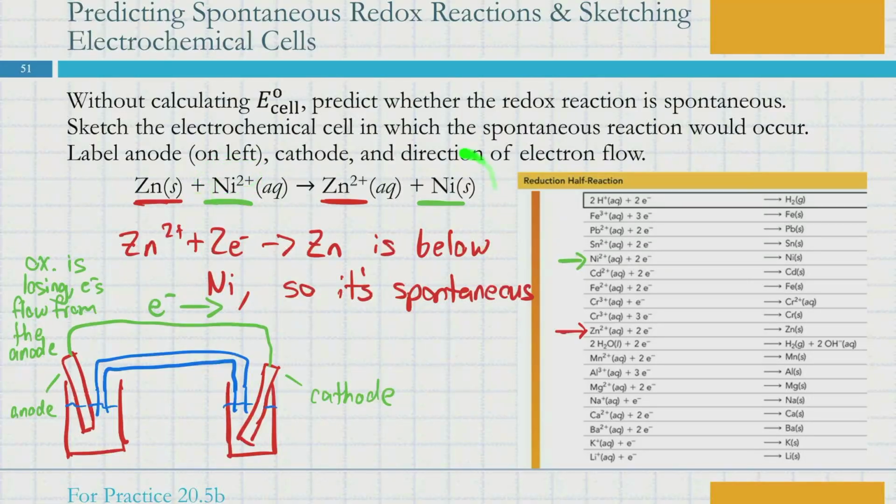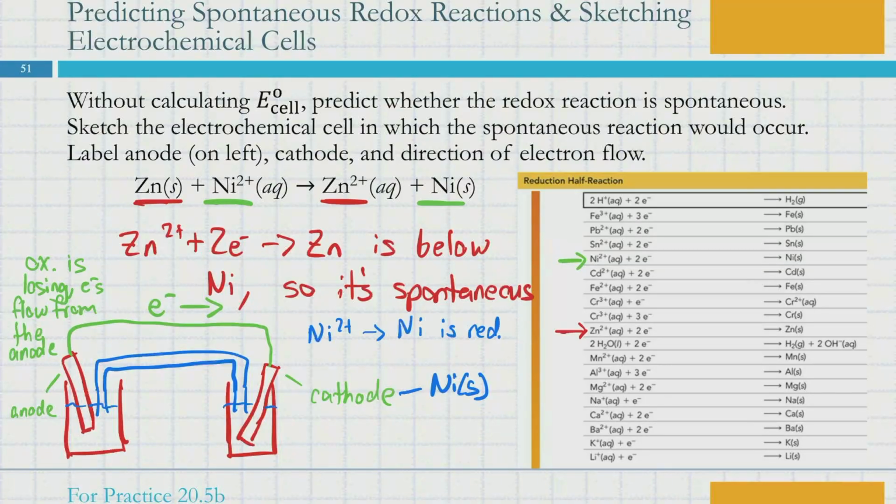So nickel is gaining electrons. So nickel is doing the reduction here. Nickel 2 plus to nickel is reduction. So our cathode is nickel. Reduction happens at the cathode.